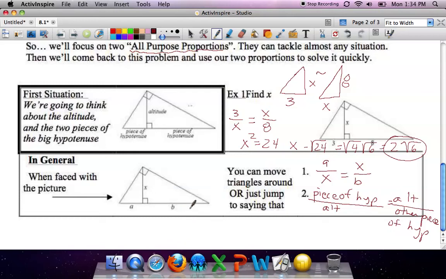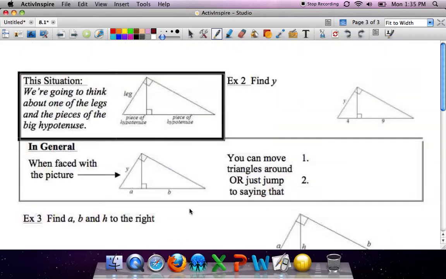Turning the page, the following situation is also true. If we think about a leg of the big right triangle and a piece of the hypotenuse and the other piece, we can also set up another kind of relationship. It turns out when you spin the triangles around, as an example 2, if you put 4 here and y here and the right angles here, and notice this is sort of like our angle A on the last page, we can line that up with angle A in the big triangle.